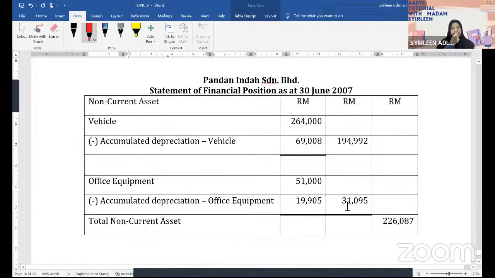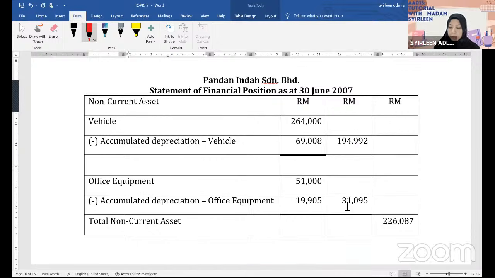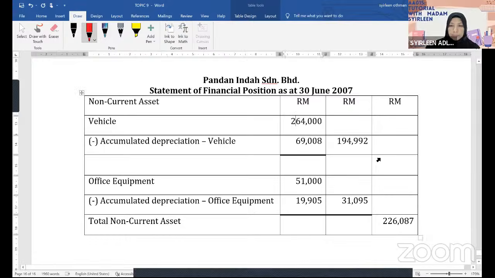Okay. So now vehicle you ada 80,000. Okay. And then kita campur 85,000 yang baru van. And then kita campur okay, that is 270,000. Yeah. Okay. This is your vehicle.